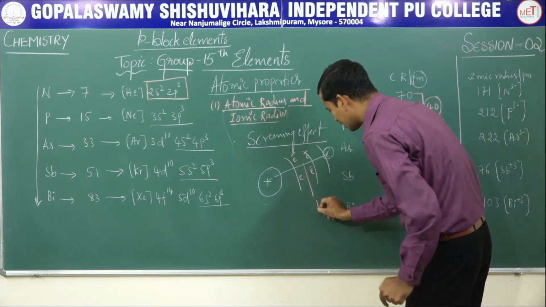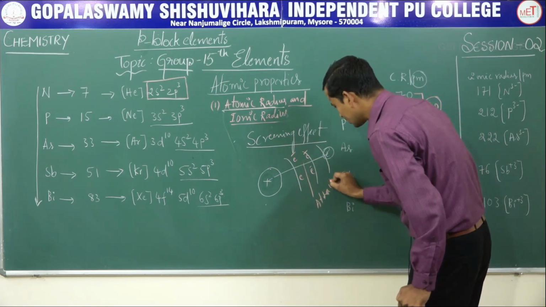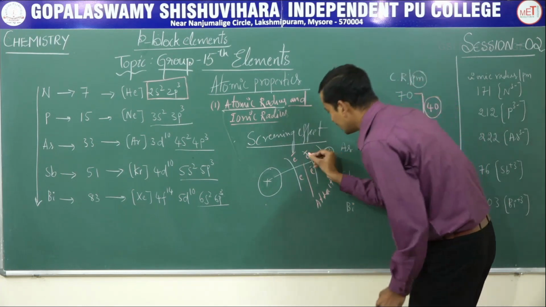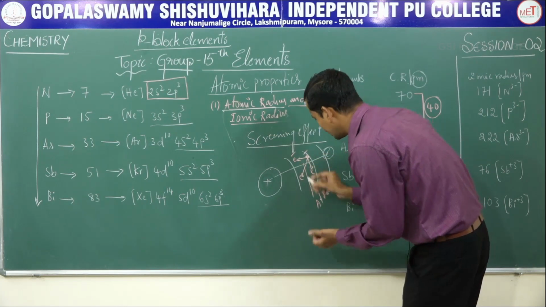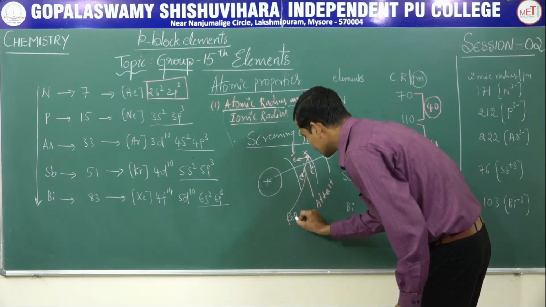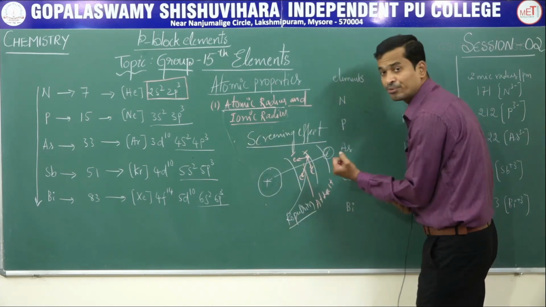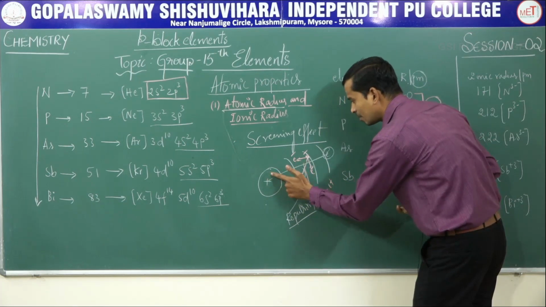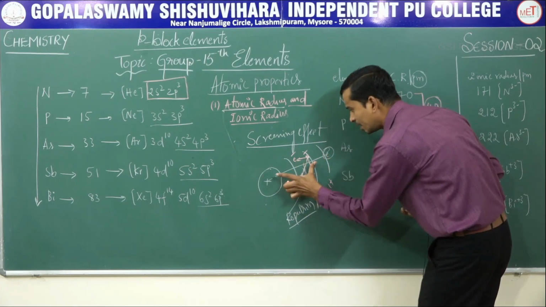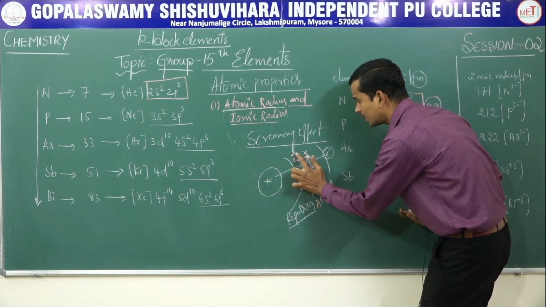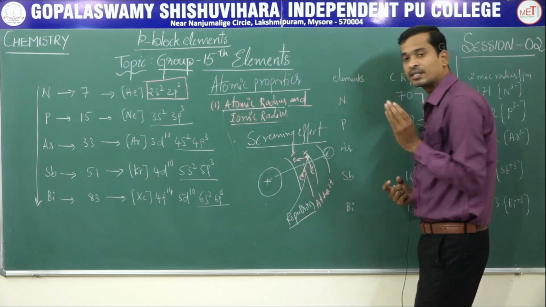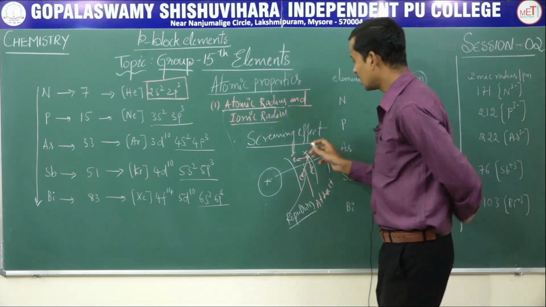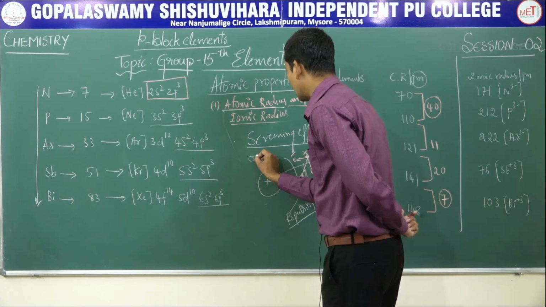At the same time, the electrons present in the inner core cause repulsion. Hence, the net force of attraction between the nucleus and the valence shell is reduced because there is inter-electronic repulsion. That is called screening effect or shielding effect. It is also called the screening constant sigma.